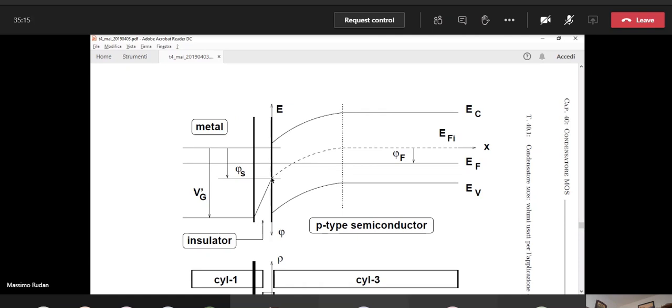And at that point, the electric potential has some value that we don't know yet, but this value is important. It is the value of the electric potential at the interface between the insulator and the semiconductor. This potential is important. It takes a special name. It is called the surface potential. And the symbol, as you see in the figure, is phi s.